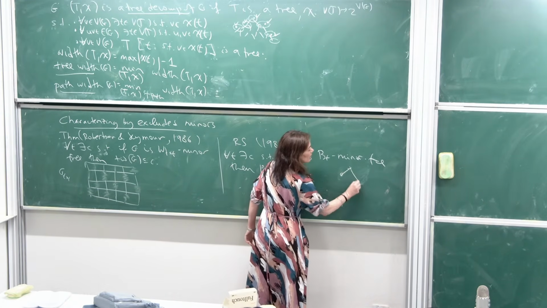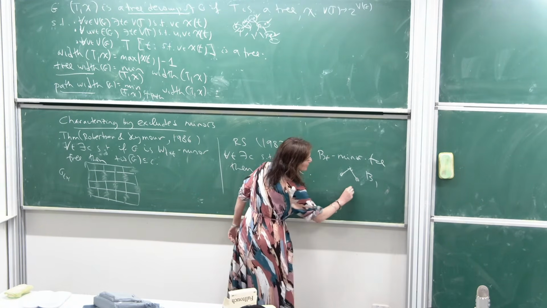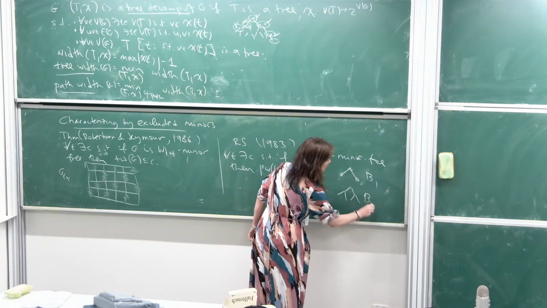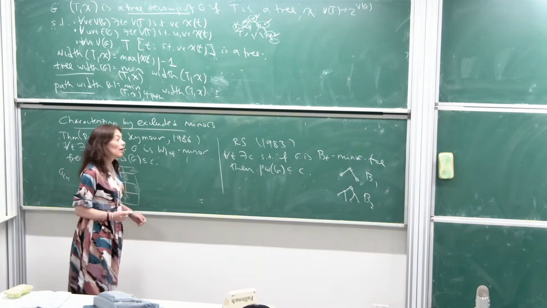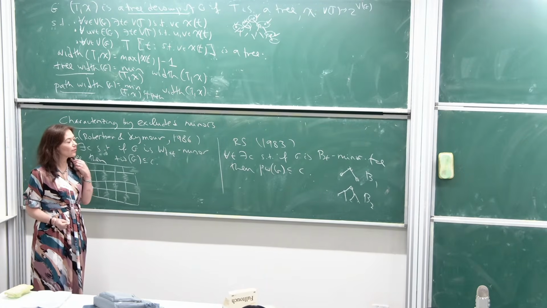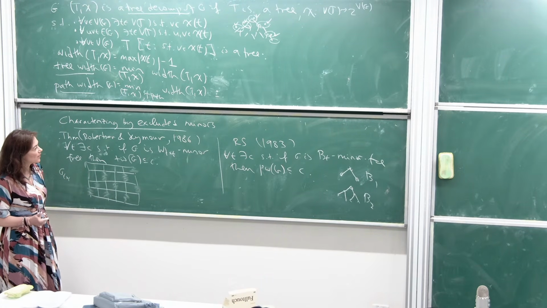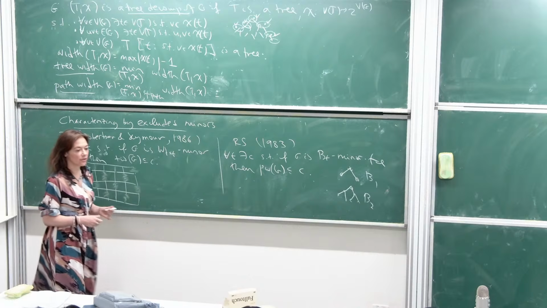So this is B_1, this is B_2. Okay, so that's minors. Now, the nice thing is, from this, very easily you get a theorem for subgraphs.